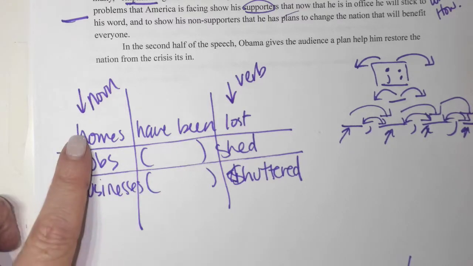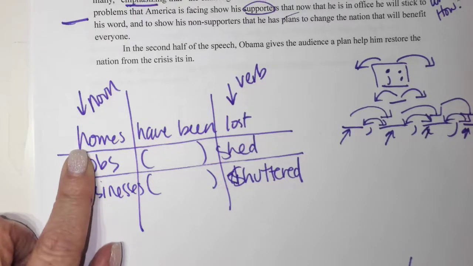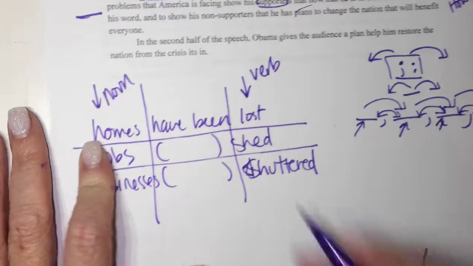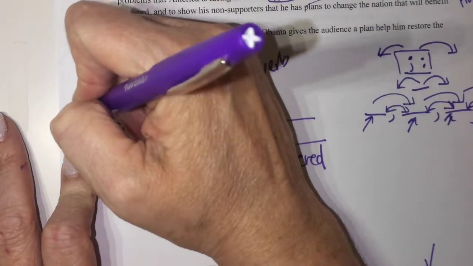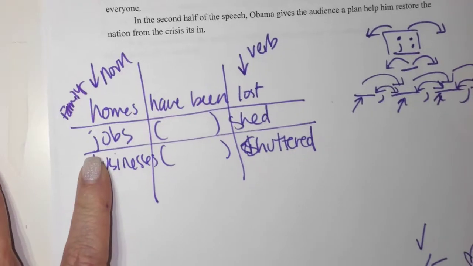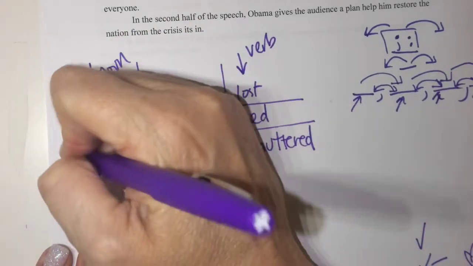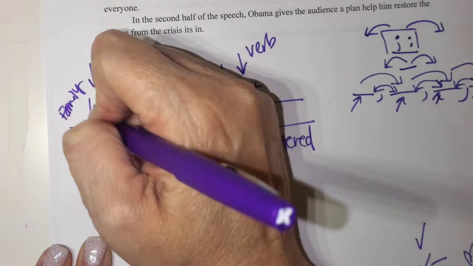So then we could talk about, okay, why homes? Who do homes relate to? Okay? Jobs relate to. So think like grouping. Family is smaller. Jobs are going to go. So you're going to look at like communities or societies, right?